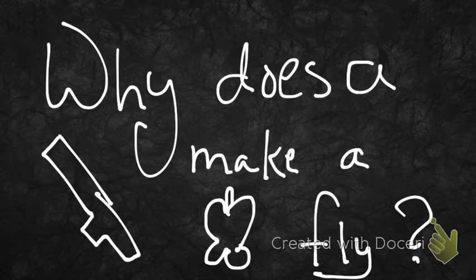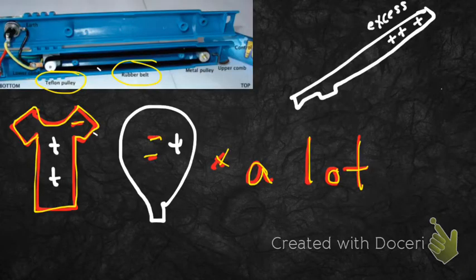Which brings us to our question: why does a fun fly stick make a butterfly mylar ring fly? In this picture you see an open view of the fun fly stick. In there you have this Teflon pulley and a rubber belt.